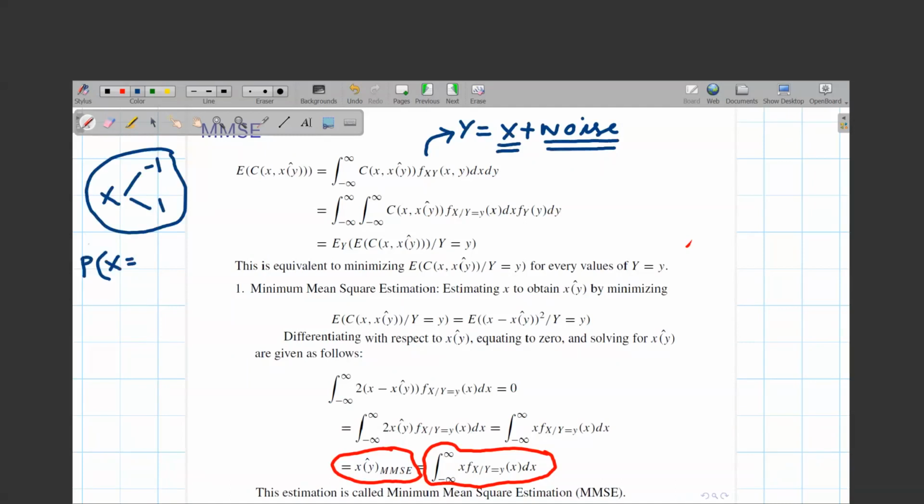Let us say we have the probability of x equal to 1 as p, and the probability of x equal to -1 as the remaining. It is a simple two-choice description. But what you observe is not just 1 or -1.